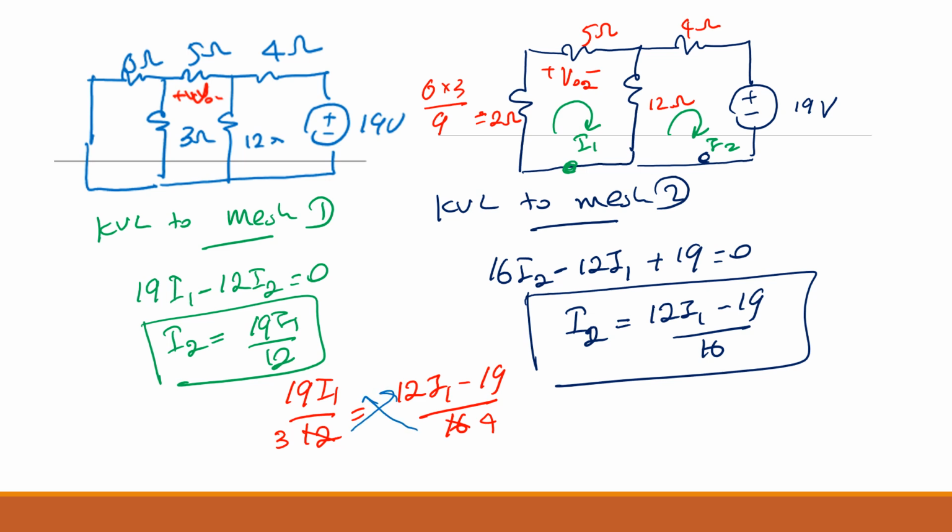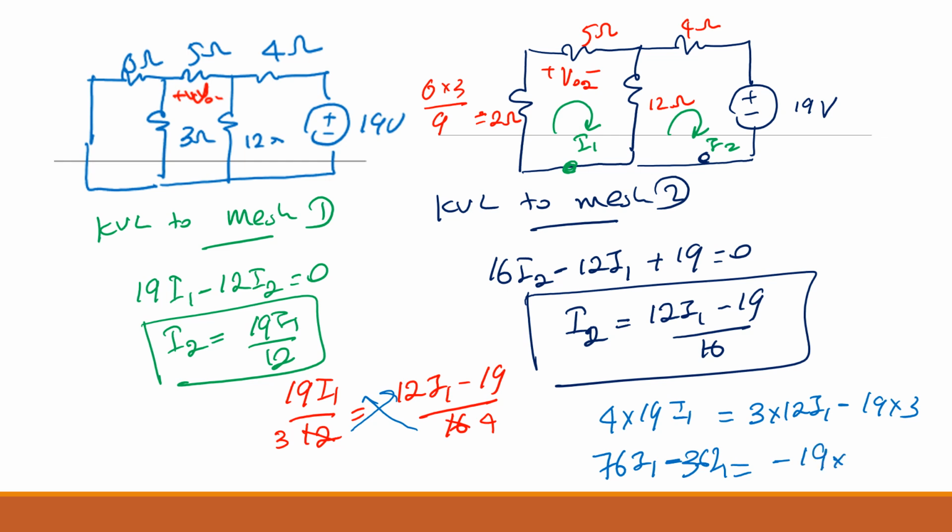So I have 4 times 19 I1 is equal to 3 times 12 I1 minus 19 times 3. 19 times 4 is 76 I1 minus, so 12 times 3 is 36 I1, is equal to negative 19 times 3.